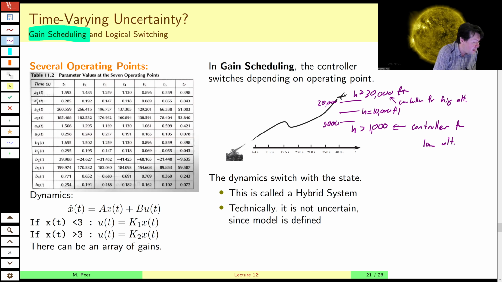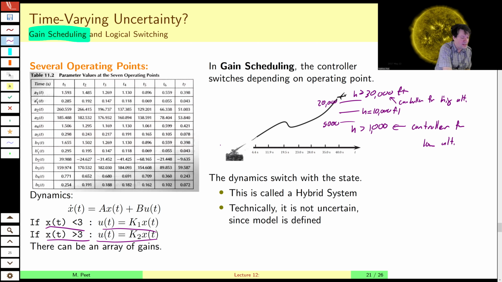And then what's going on is that when you switch between those controllers, you get some dynamics which are not modeled in the linear model for any of those operating conditions. So here we have this logical switching. If the height gets below 3,000 feet, for example, you have one controller, and if the height is above 3,000 feet, you have a different controller.